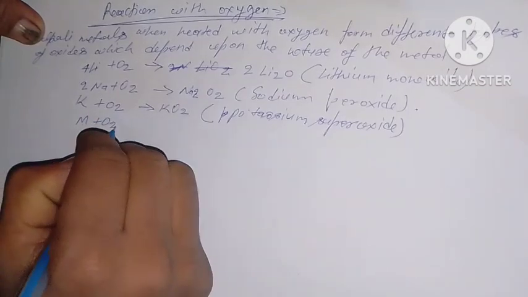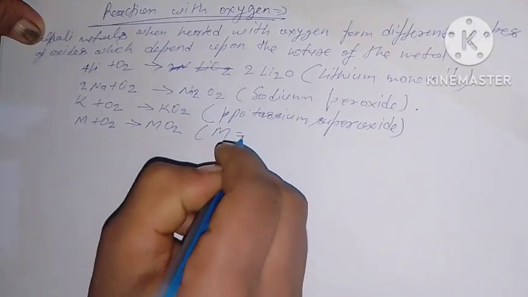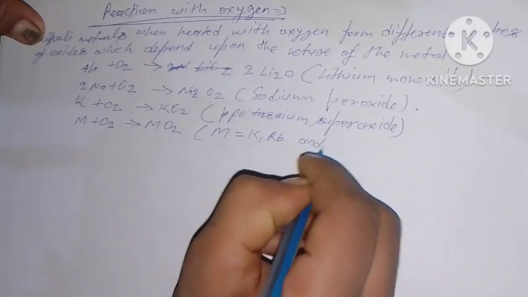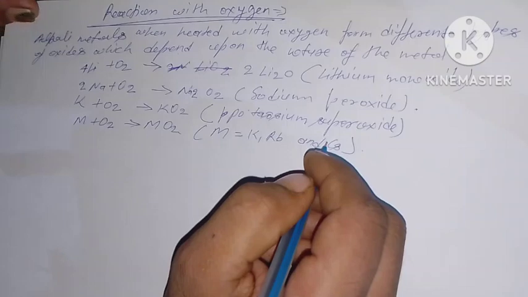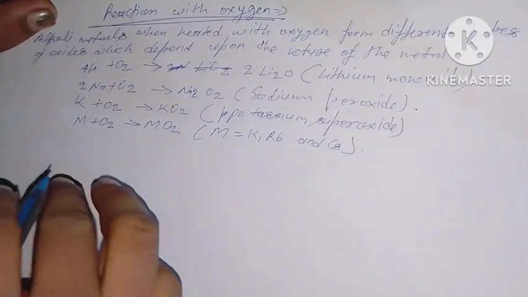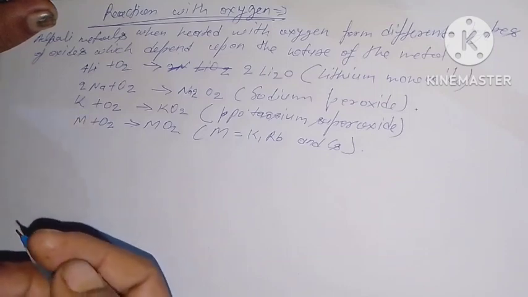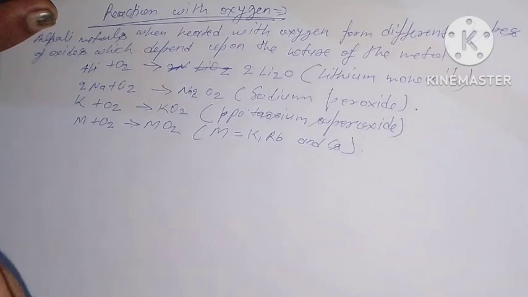Metal plus oxygen gives MO2, where M is potassium, rubidium and cesium, okay. Hence the reactivity of alkali metals with oxygen increases on moving down the group.